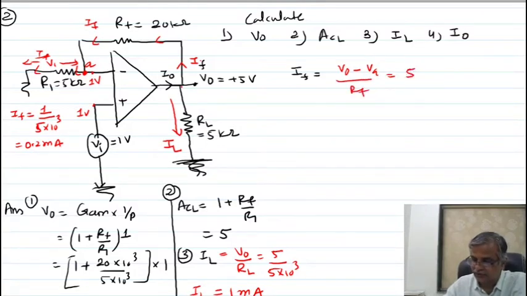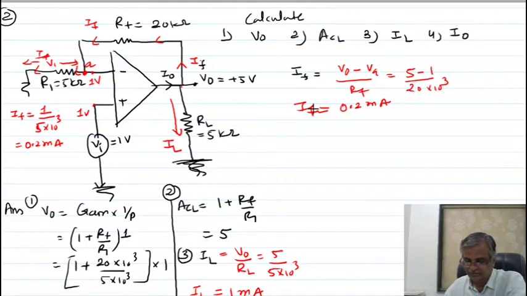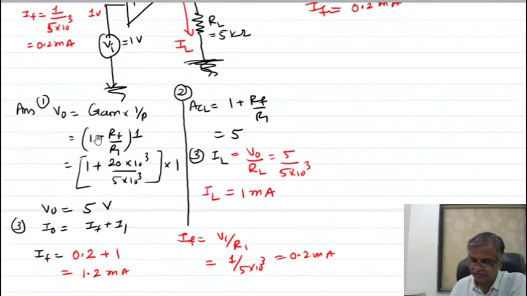So this is 5 minus 1 volt upon 20 kilo ohm. So you will get 0.2 milliampere. This is the same. Either you find it this way or that way. I have written the same. Here I have written wrong. Here is IO. Your IO is nothing but IF plus I1.